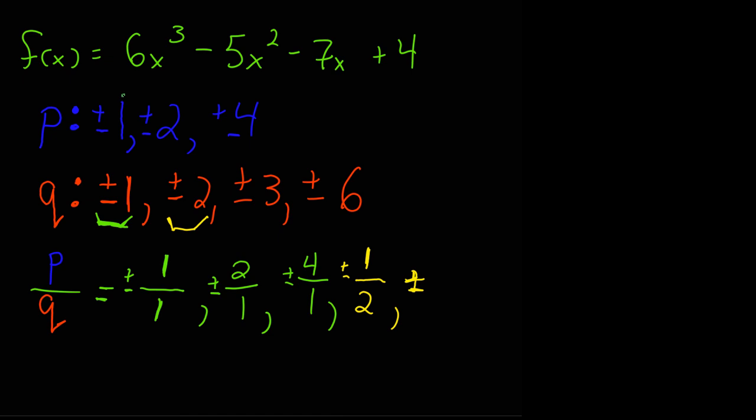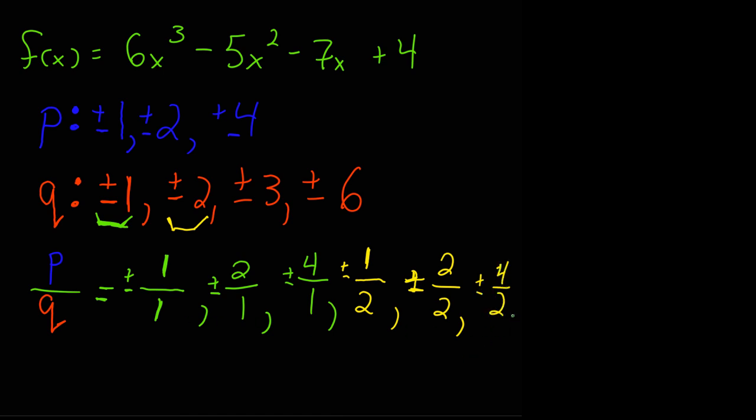So this test doesn't narrow in right away. It gives you possibilities, but it's better than anything we had before. All right? Looking at this and trying to factor it down, we had no kind of anchor pin. Now we have an anchor pin. We can try to find all the possible rational roots. So what's the other one we have here? So I'm looking at 2 over 2, and then 4 over 2.